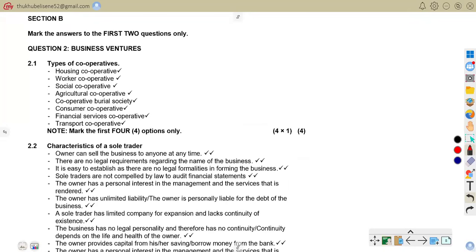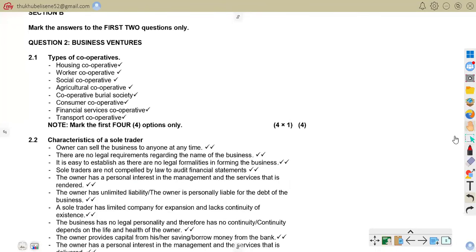Here we are on the answers, question 2.1. It says types of cooperatives. Then it talks about housing cooperatives. This is where members come together to provide affordable housing for themselves.